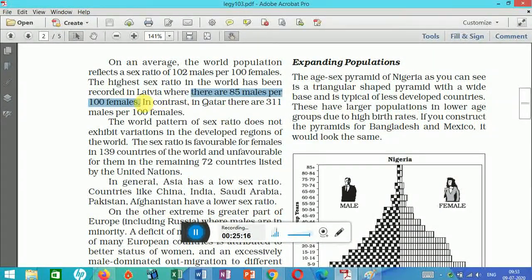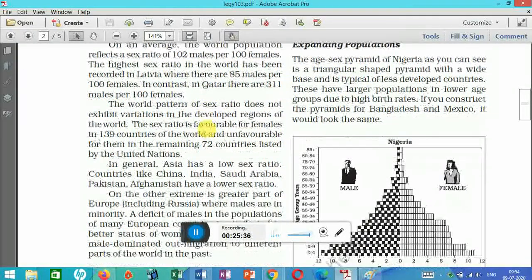In contrast, we have Qatar, which has the negative sex ratio, the lowest sex ratio in the world. There are 311 males per 100 females in Qatar. Negative sex ratio, so the number of males is greater than the number of females.